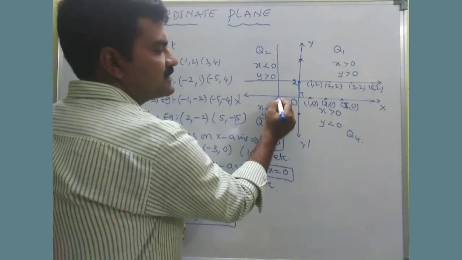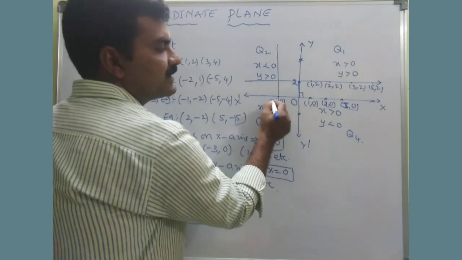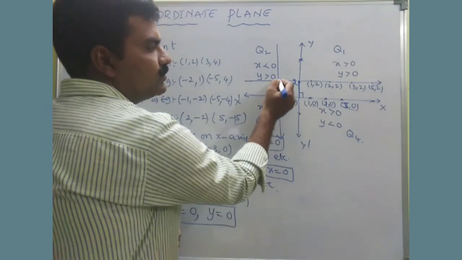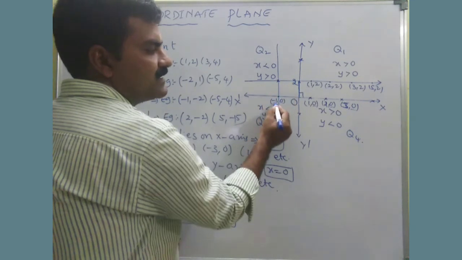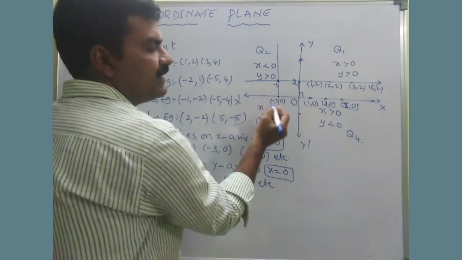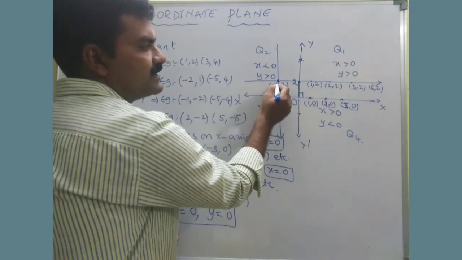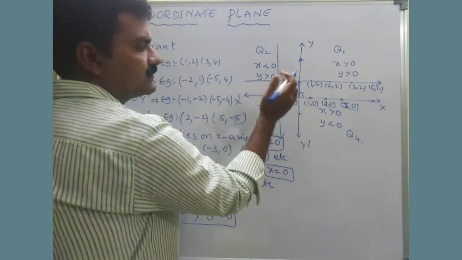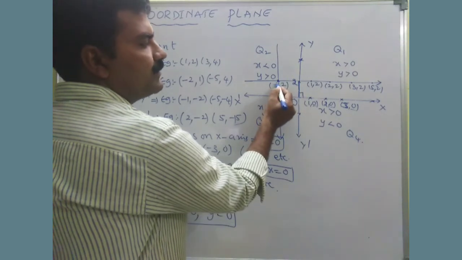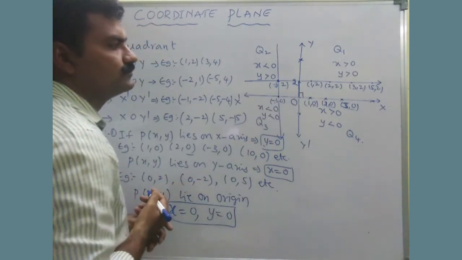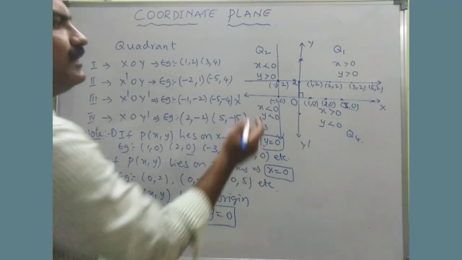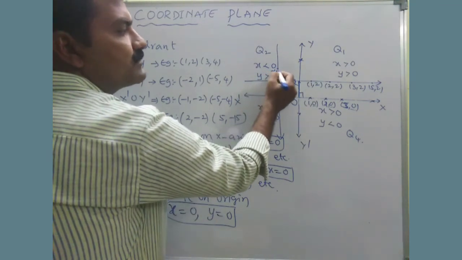For example, this is the point, say -1, 0. Now look at this point, the x coordinate is same, -1, and the y coordinate is this length, 2. So this point is -1, -2. Whereas this point is maybe -1, something.